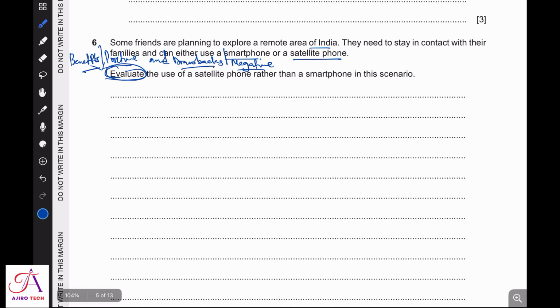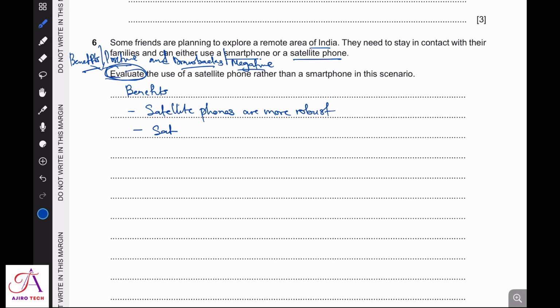So let's talk about the benefit or positive. What's the benefit of the satellite phone? That means that even if you're in a remote area, as long as you have a satellite phone, it makes use of the satellite. Now satellite is everywhere, right? So it can work. We can see that satellite phones are more robust. Truly, it doesn't just get damaged when it falls on the floor.